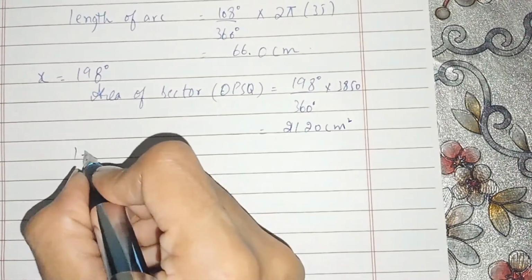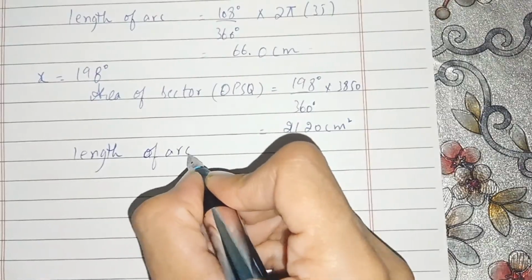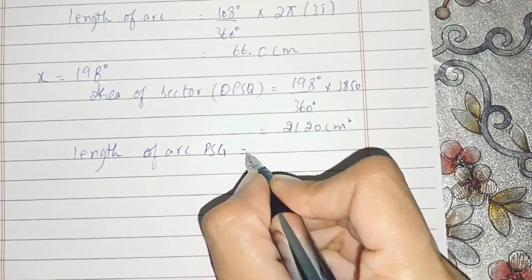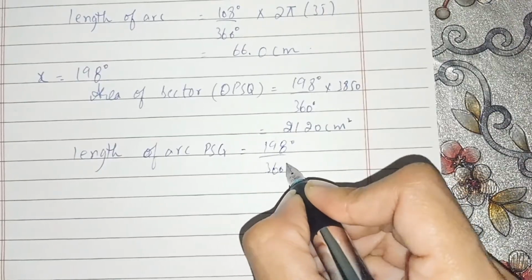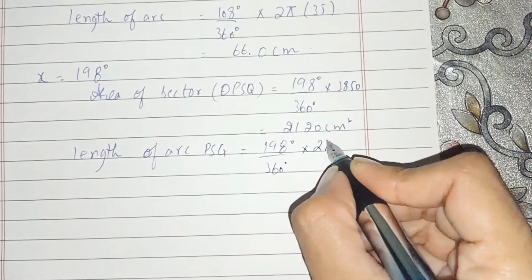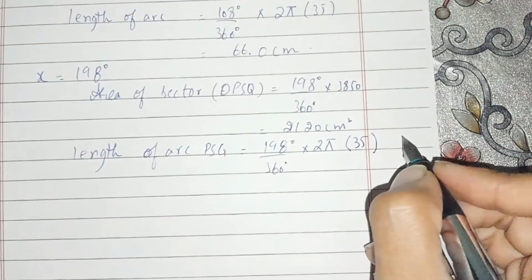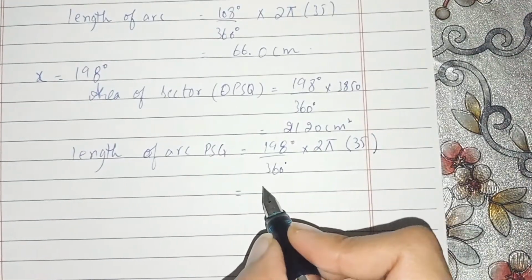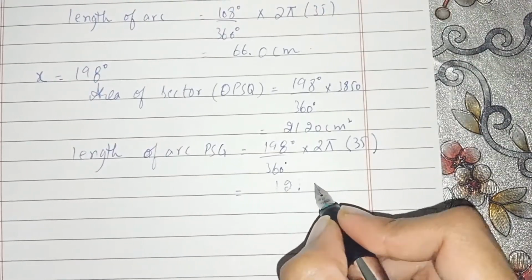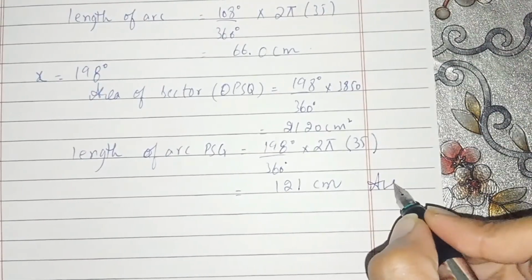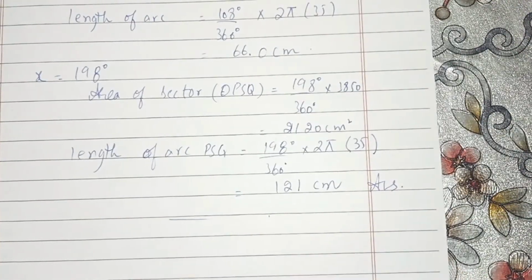And length of arc PSQ is 198 degree over 360 degree multiply by 2 pi r, with r being 35, and by calculating it we get 121 centimeter. And now students, the question number 4 is solved. Very simple questions.